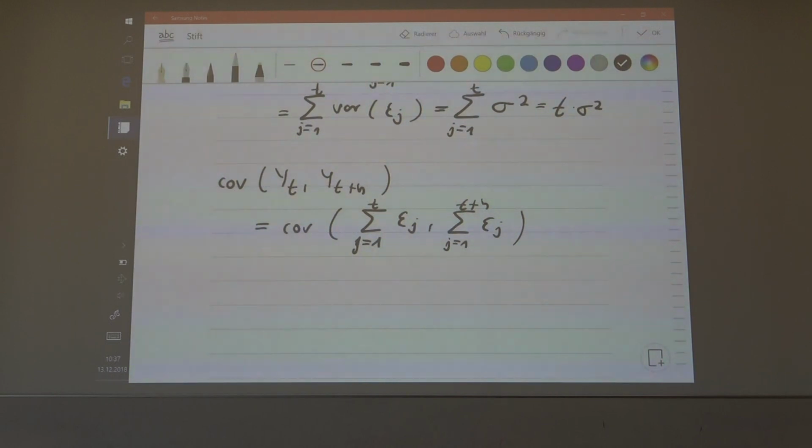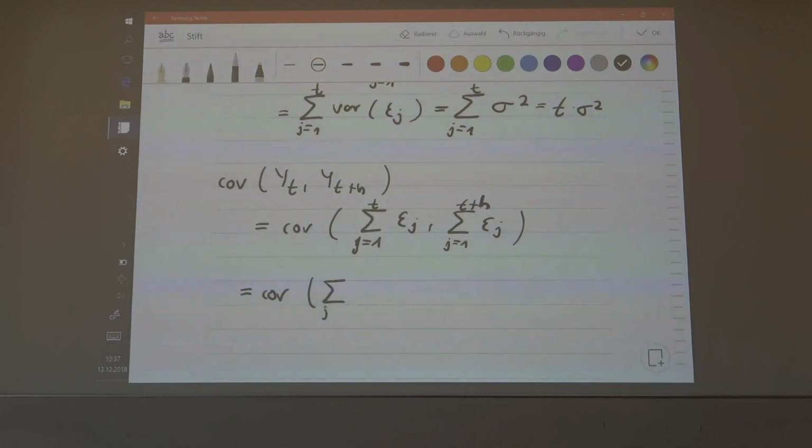We have already seen this. In the first lecture, I was talking about the covariances of sums. The covariances of sums only play a role if the noises correlate to each other. Since the noises are independent, let me split this up a little bit.